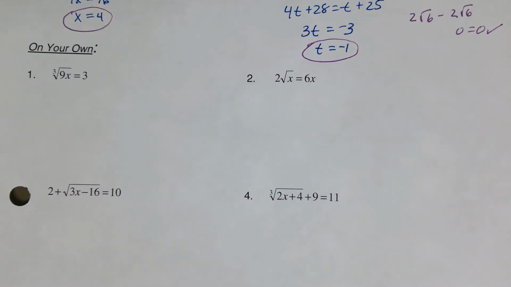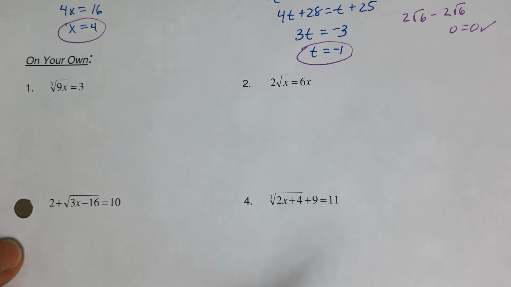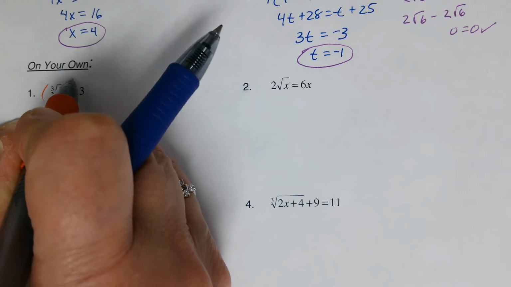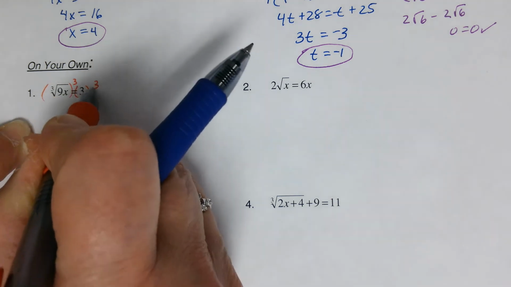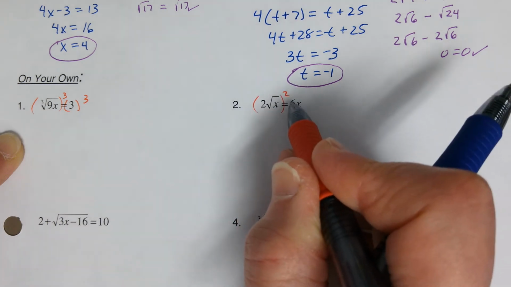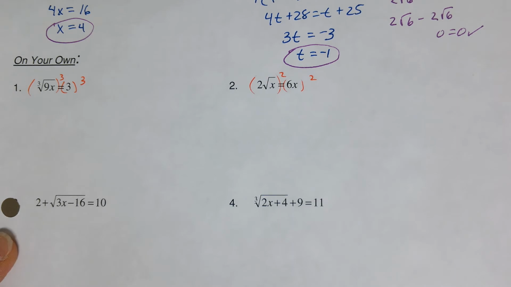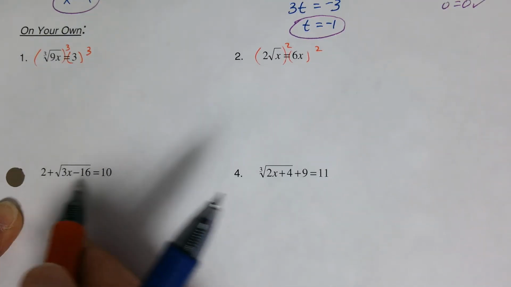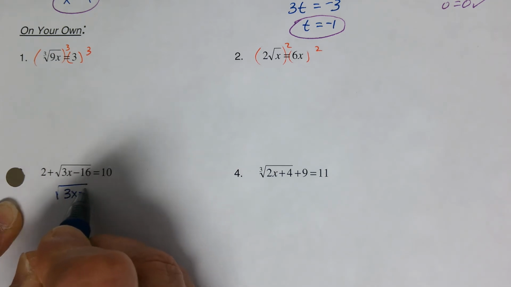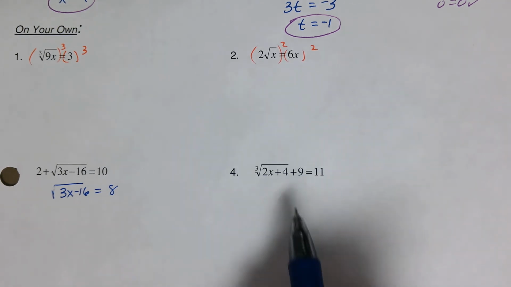Okay, now you can attempt these on your own if you like. I'm just going to say, okay, here you would raise both sides to the power of 3. Here you would square both sides. Subtract 2, and then go about squaring both sides.